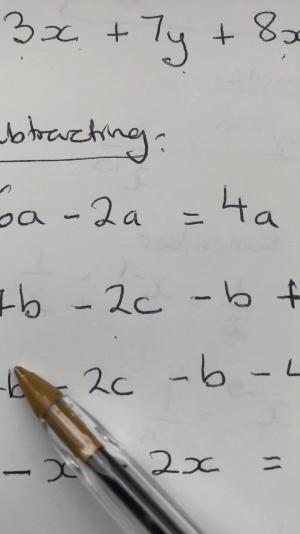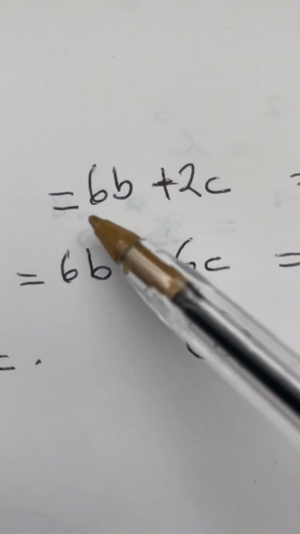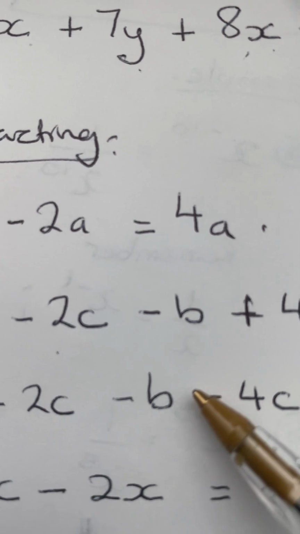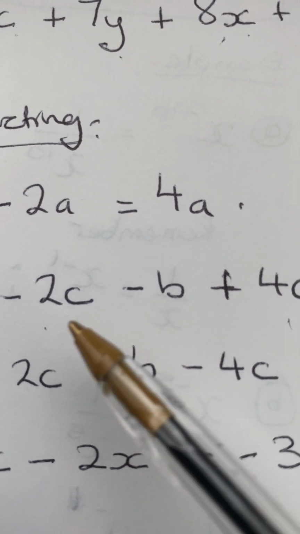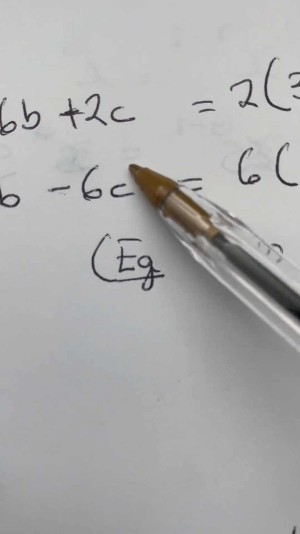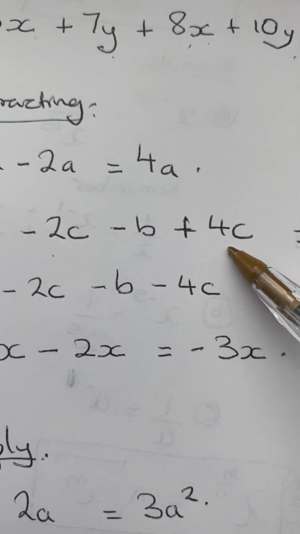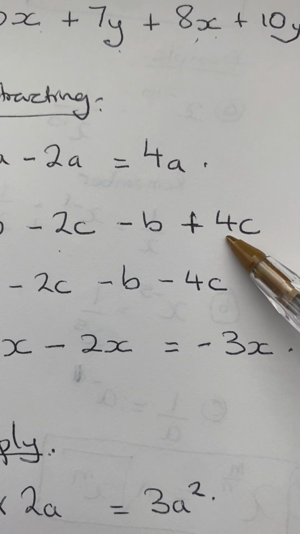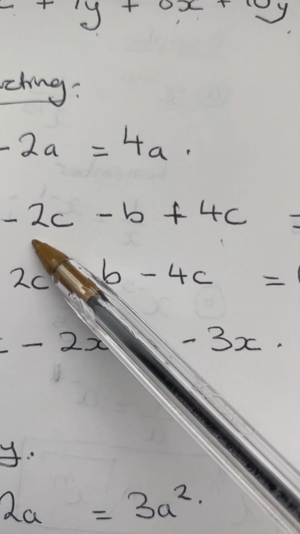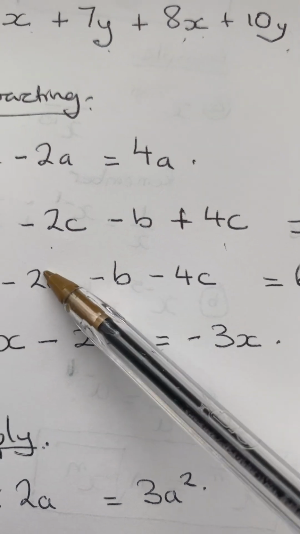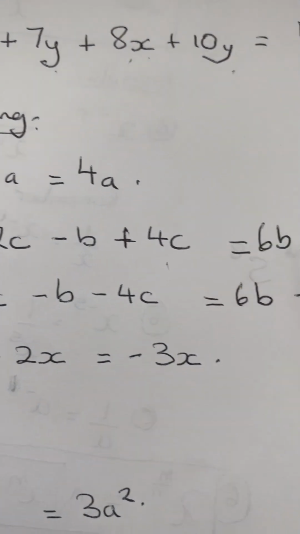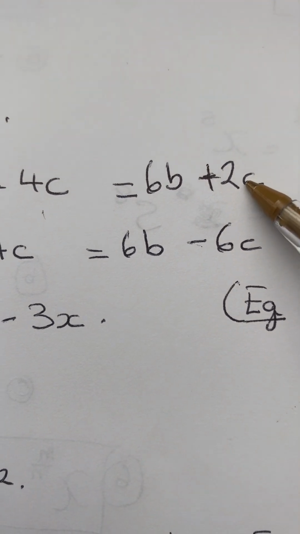Now 7b minus 2c minus b add 4c. So 7b minus b will be 6b. Minus 2c add 4c will be 2c, because this is the same as 4c minus 2c. 4 is bigger than 2c, so here we have 2c.